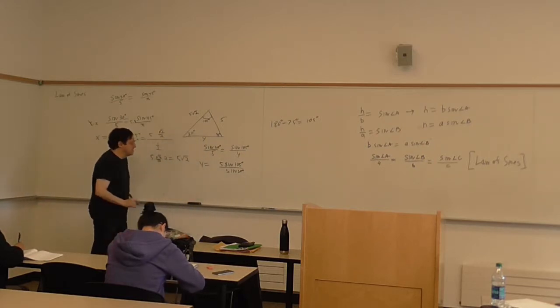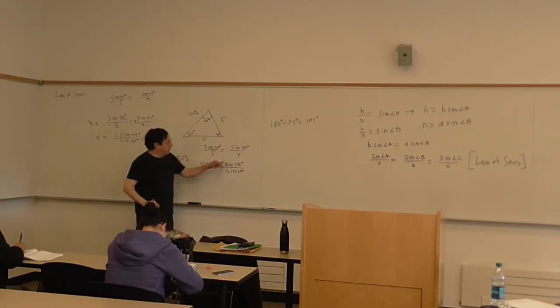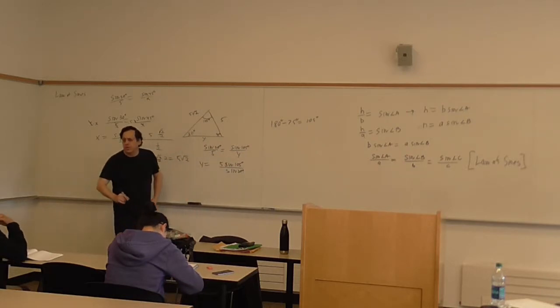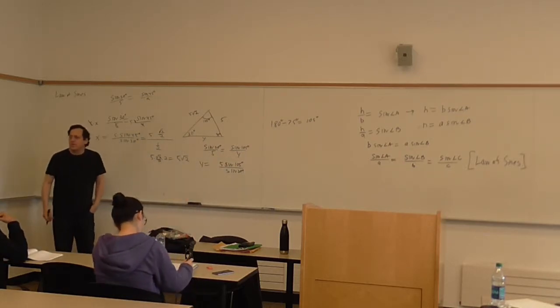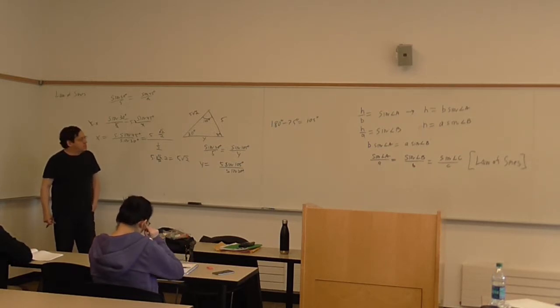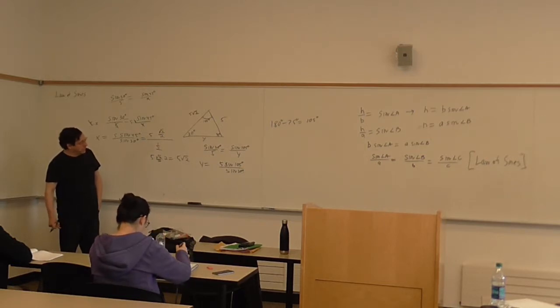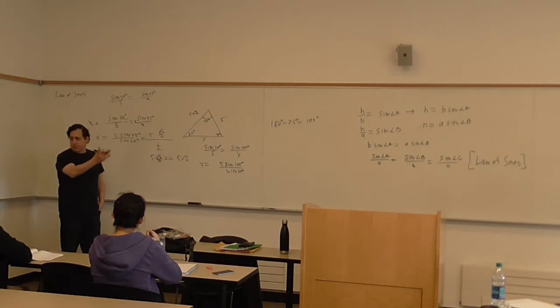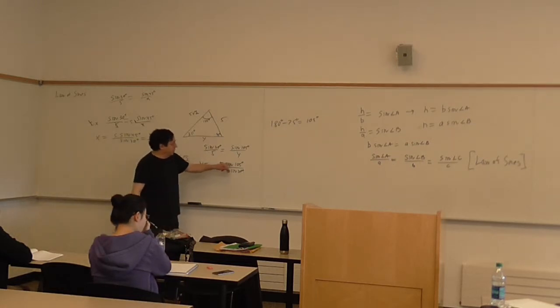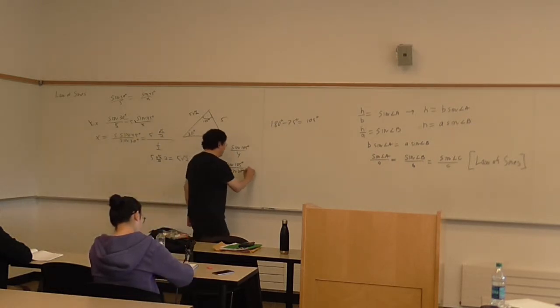Okay. Sine of 105 degrees. That's not in the first quadrant, is it? It's in the second quadrant. But whether the sine is in the first or the second, right, we get the same positive value, right? So what's the reference angle for 105?